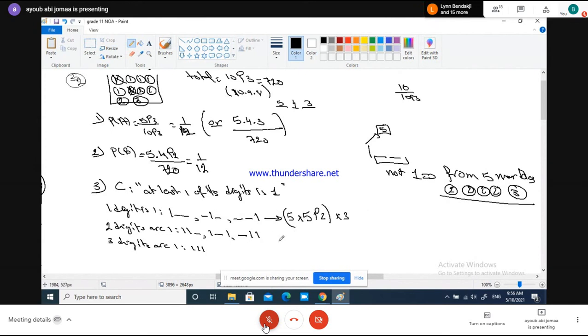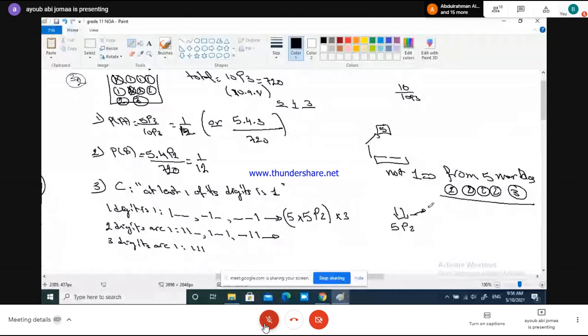طيب, now the second one. 1, 1, we take 1, 1 and then a number. طيب 1, 1 it means 5p2. I'm going to select 2 from this set of 5. طيب the third one should be the same idea, one of the numbers from this set of 5 marbles, 2, 2, 2, 2 or 3, and we have 5.